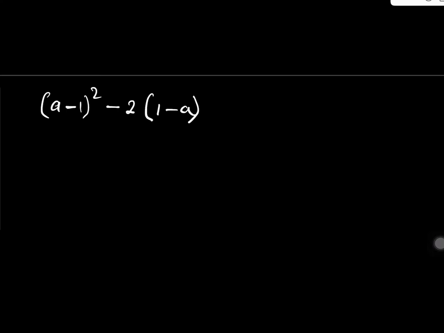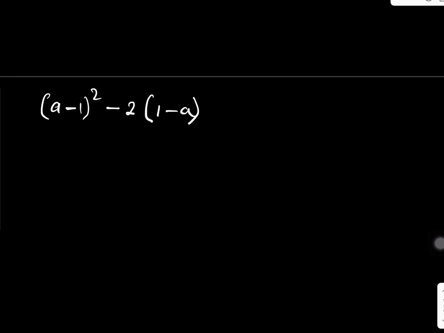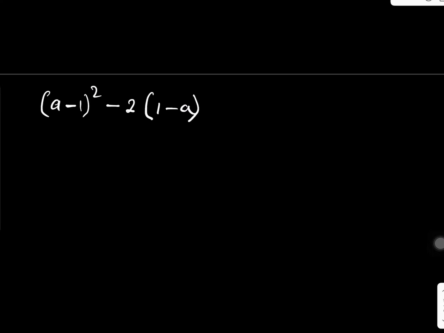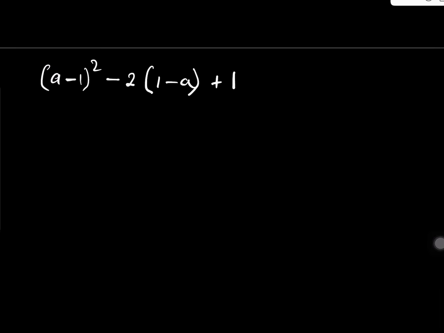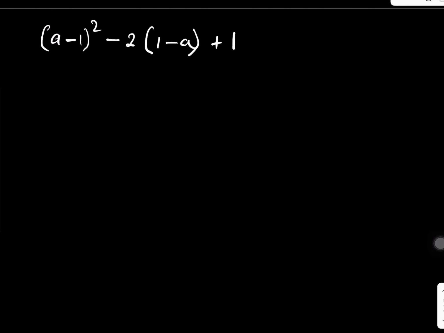And then I put, this time around, let me check what can I put here. Let me put, that was minus 3. To get a plus 2, this should be a 1. So let's put a 1 there. Okay. So now I want to factorize this. How am I going to do it? 1 minus a is not the same as a minus 1.